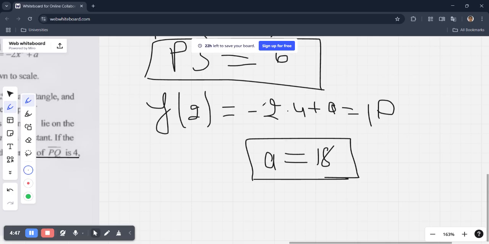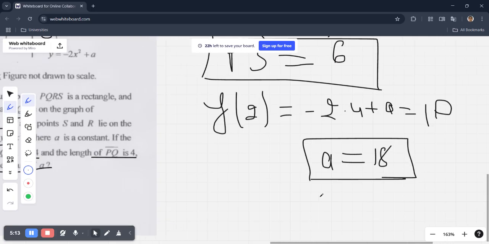As you can see here, minus 2 multiplied by 4, which is 2 to the power of 2, plus a is equal to 10. And after moving all the same variables to the same side, a was found to be 18.